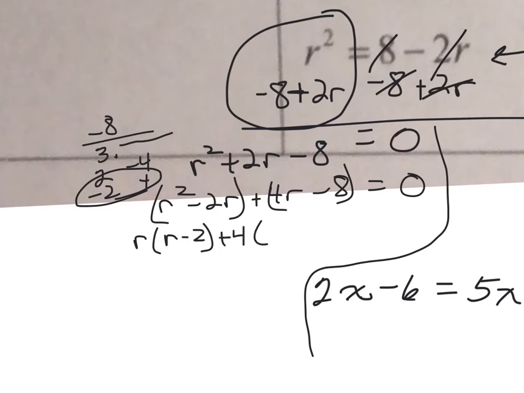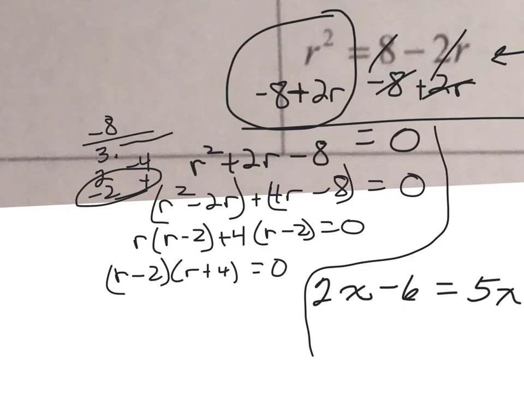That'll leave another r minus 2. It's going to factor r minus 2 times r plus 4 equal to 0. And now the second part of the problem is done because we got it factored.